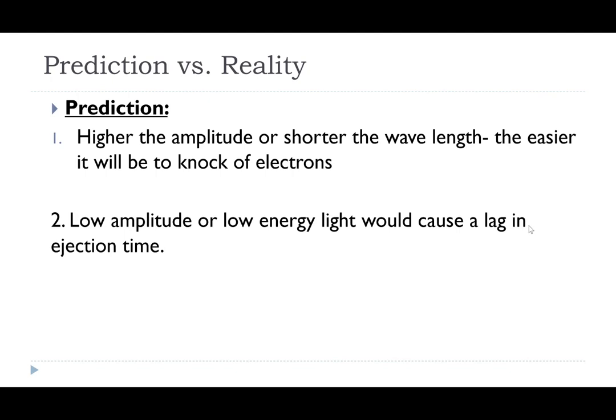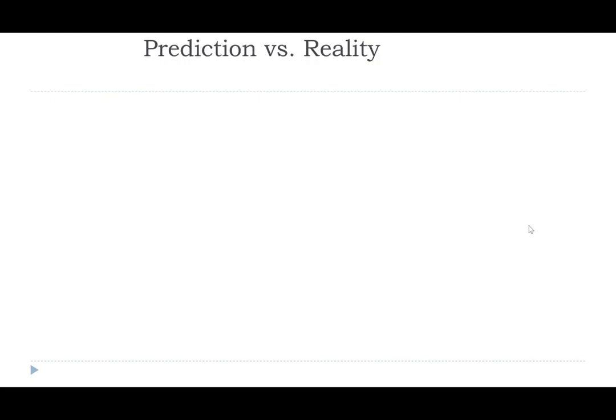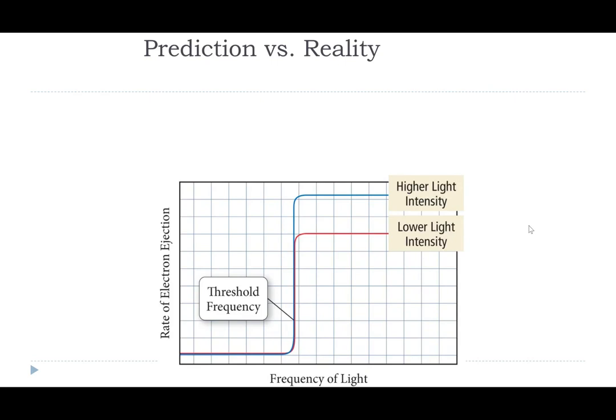If light is a wave, a nice smooth wave, this is how things should behave. But what actually happened? Let me talk you through this graph first, and then we'll talk about how this did not go with our predictions.